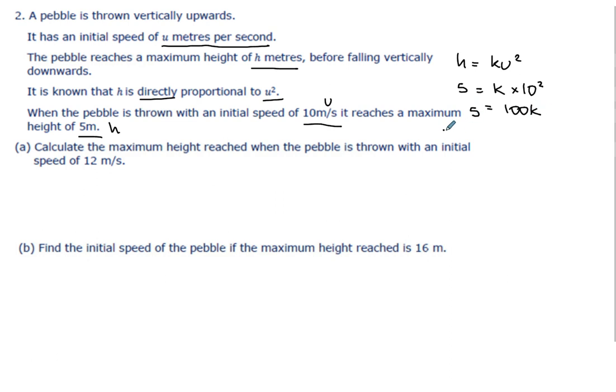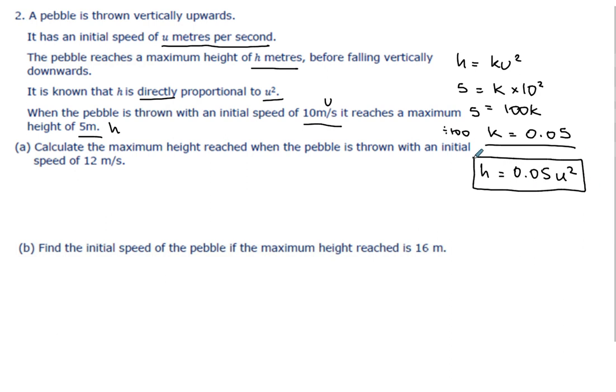If we divide by 100, k will be 5 over 100, which is 0.05. So let's rewrite it. We've got h equals 0.05 u squared, and that's what we're going to use.